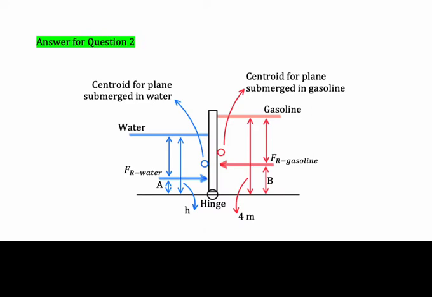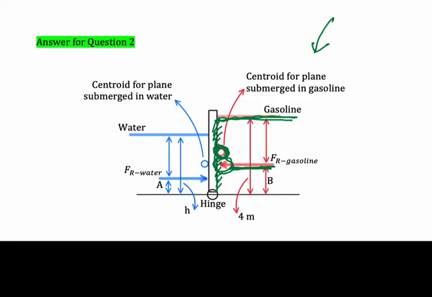Okay, first for the right side, we could draw the gasoline level here. Then we determine the centroid for the submerged area. Let's say the centroid for the submerged area for the gasoline is here. Then we could draw the resultant force for gasoline just below the centroid like this one.